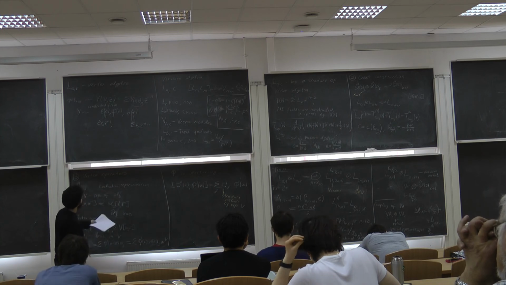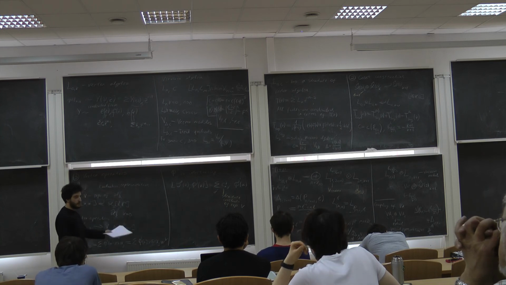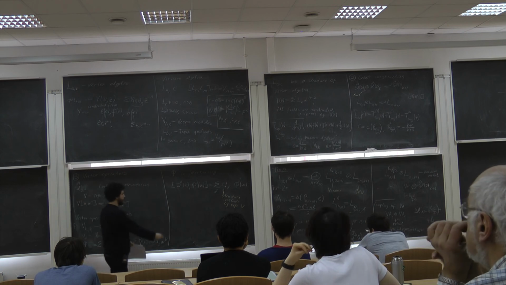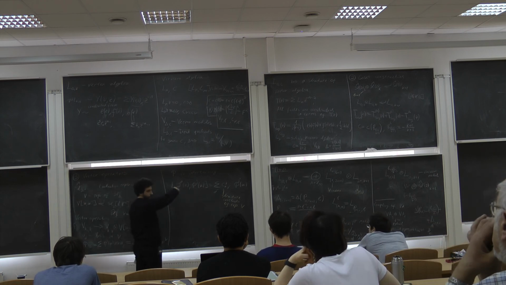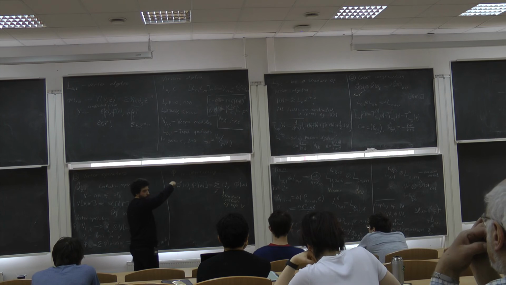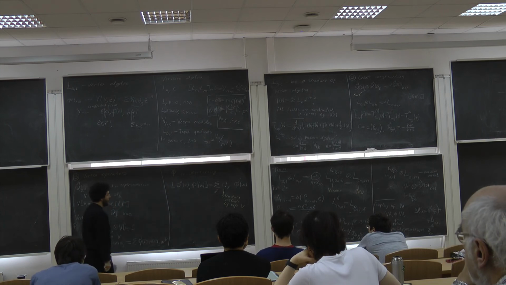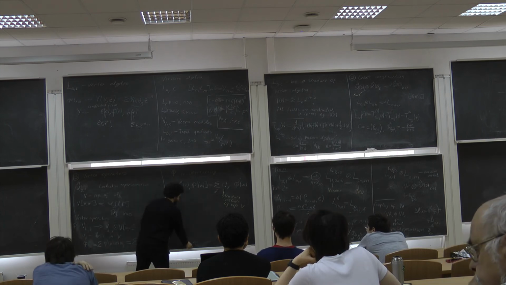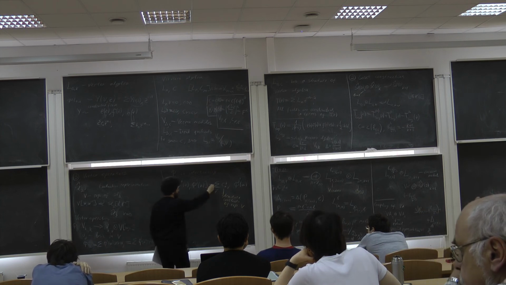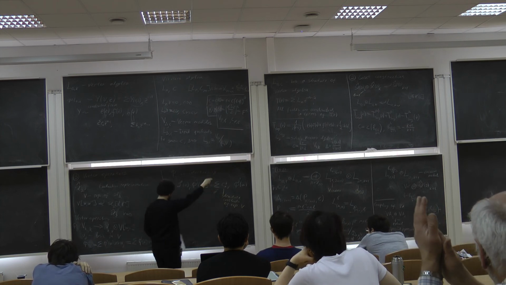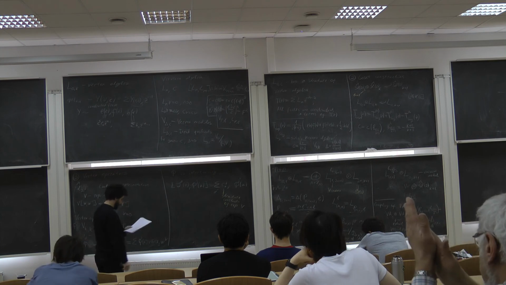I said that I will use G1, G2, G3 for SL2 or G plus, G minus, just not to write one formula here, not to write three formulas for A, F, and H. Probably there is some sign here, but let me ignore this.